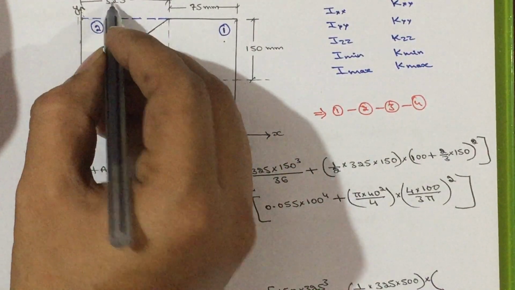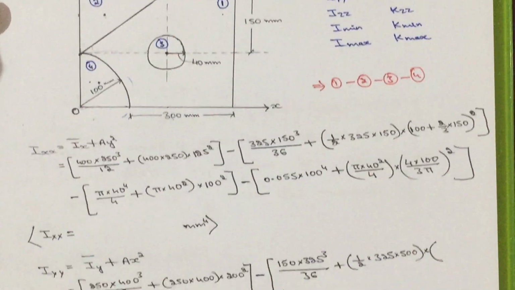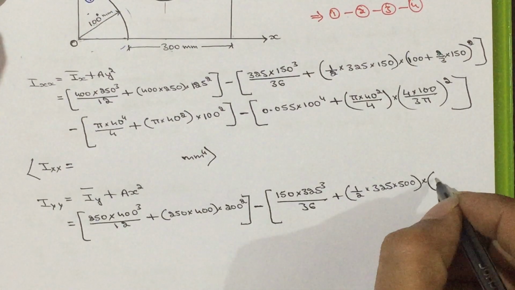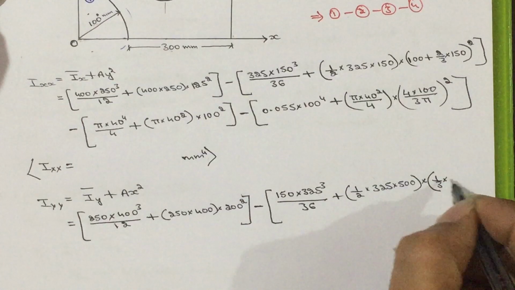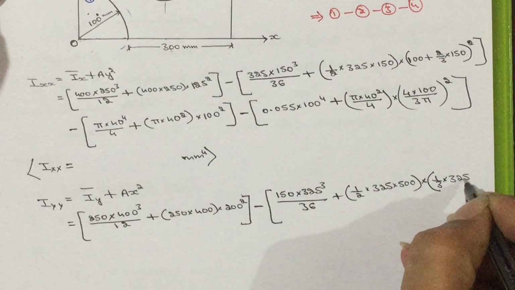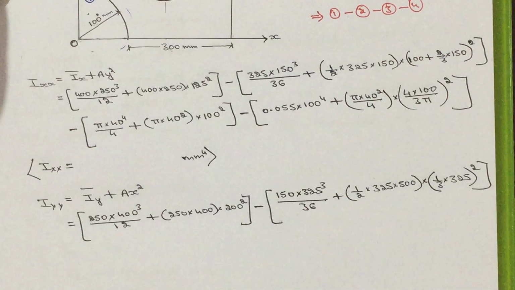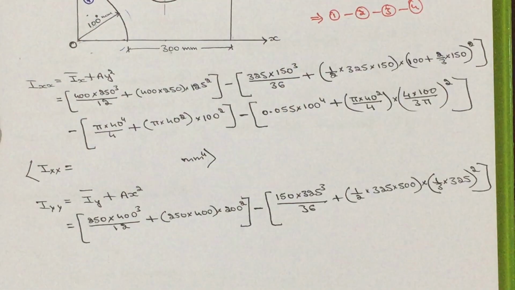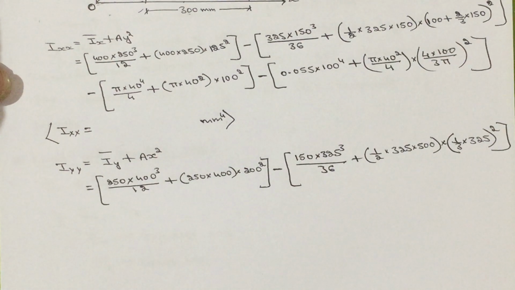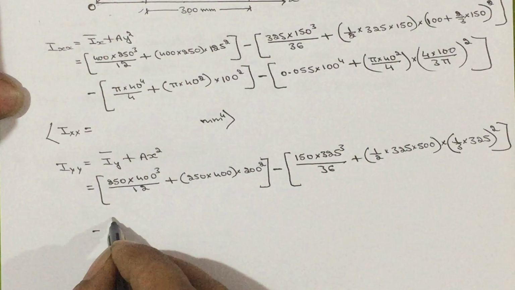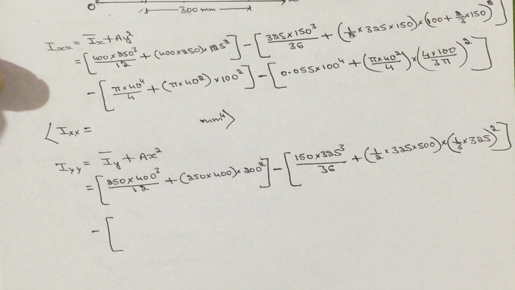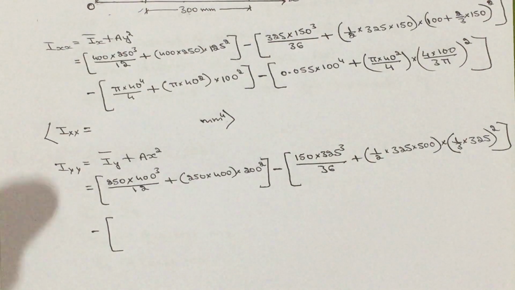So, 1 by 3 into distance, that is 325 whole square. Then minus 3. In the given figure, 3 is the circle.